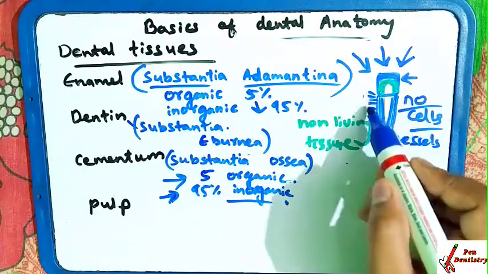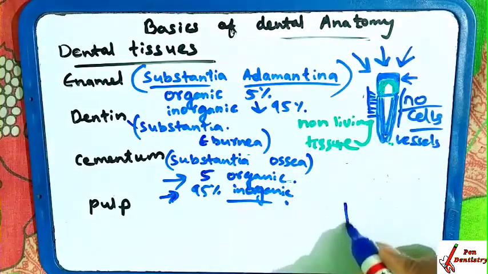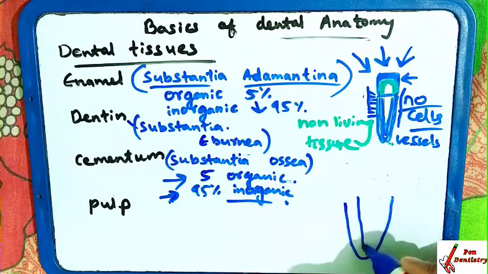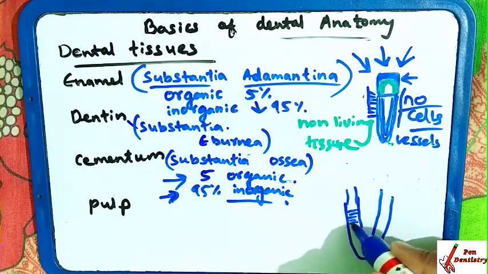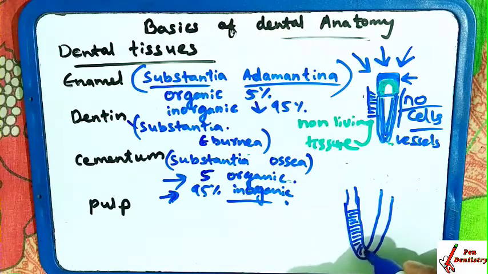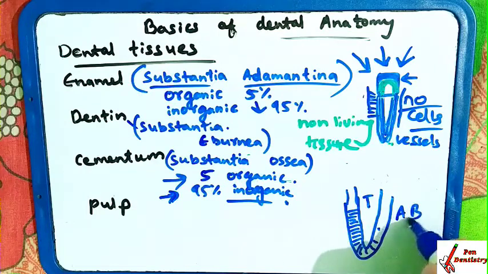If this is the bone, here the tooth is present, and the periodontal ligaments bind the tooth with the alveolar bone. This is the quality of the cementum. I am giving you the information in a very short manner because we are going with the basics.